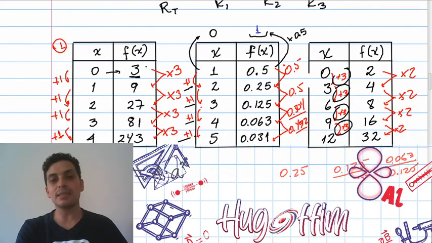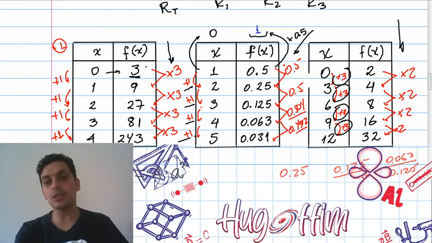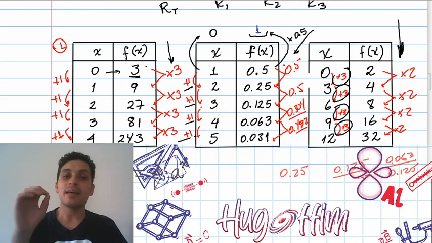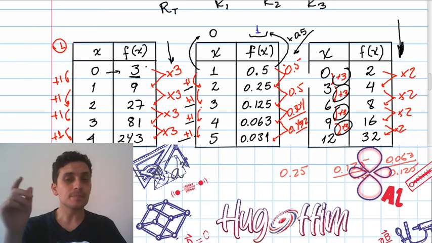So let me help you to sum up the information we found in these 3 tables. First, the 3 of them represent an exponential trend because all of them use a common ratio for the dependent variable. So it means that the consecutive number in the dependent variable depends on the multiplication of the last number. Okay, that's called an exponential trend.